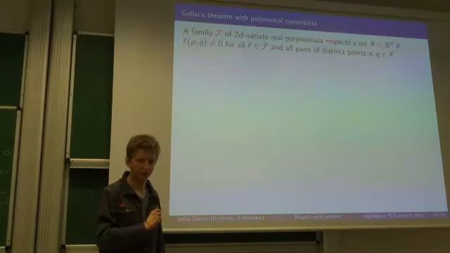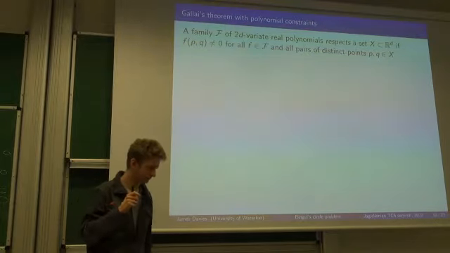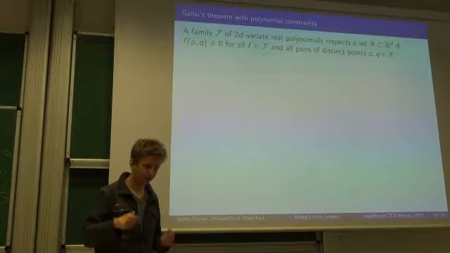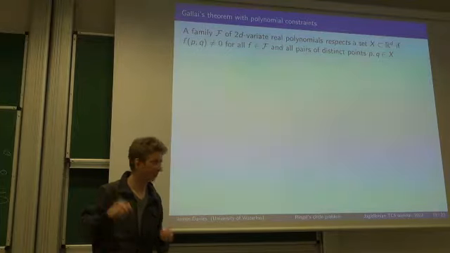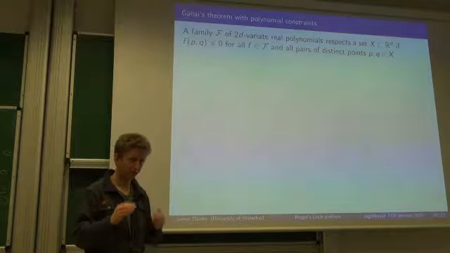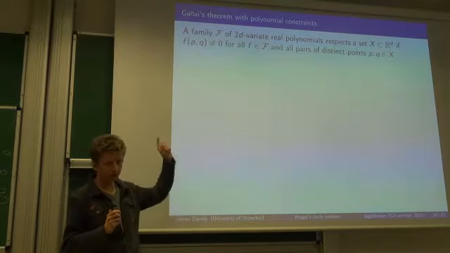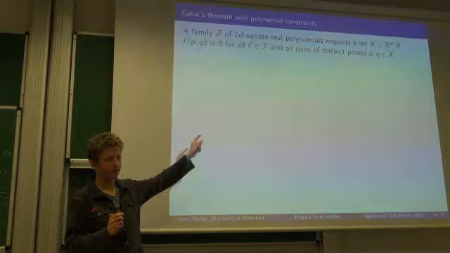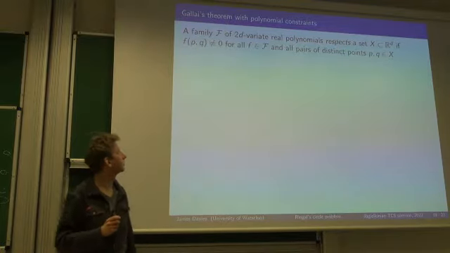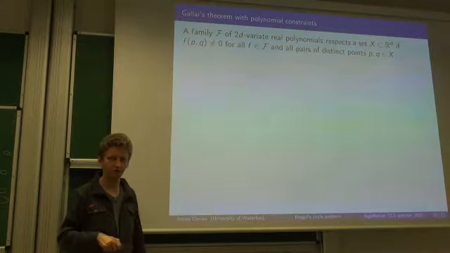First, one definition before I can state it. We say a family of polynomials in 2D variables respects a set X in D-dimensional space if for any polynomial f in our family and any pair of distinct points P and Q from X, we have that f(P, Q) is not 0.